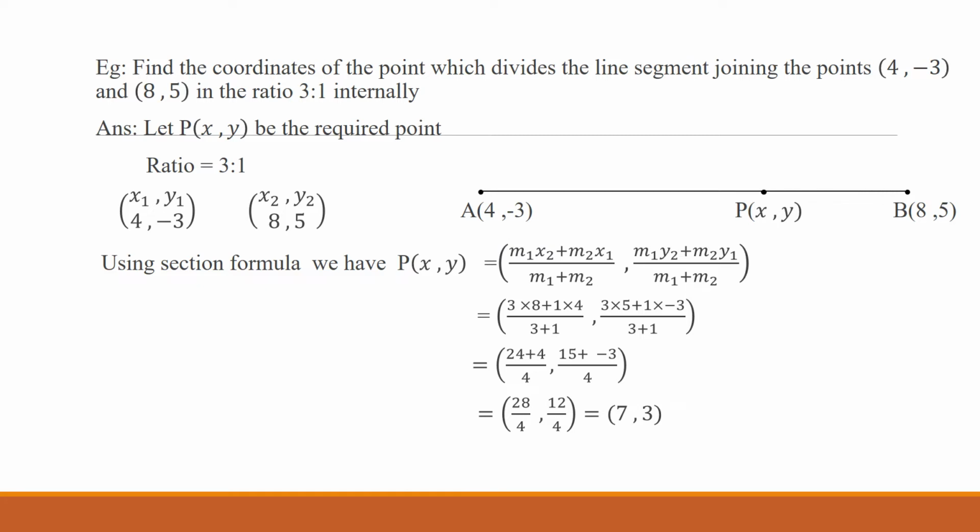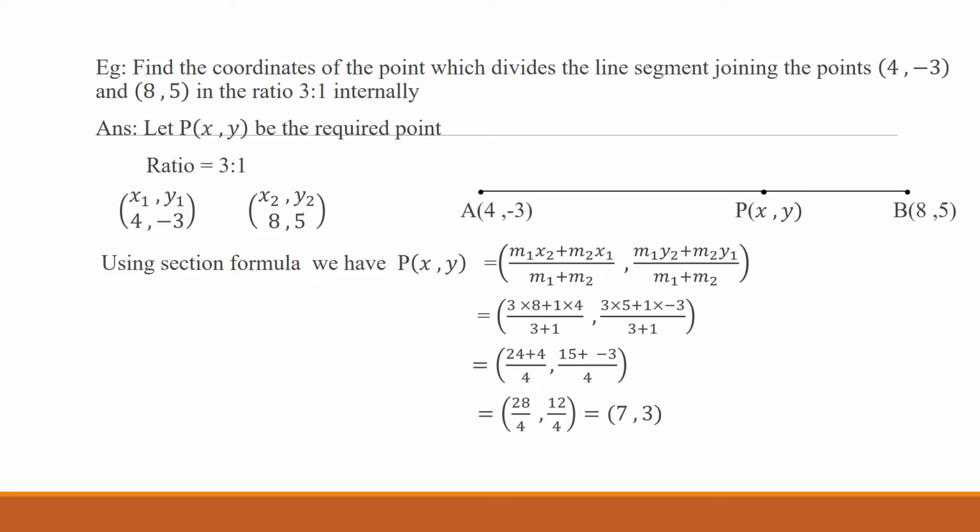When we join the coordinates of A and B, we get a line segment AB. And if P is the point where it divides the line segment, we are going to find the coordinates of P. Here we can see the ratio is 3 is to 1.